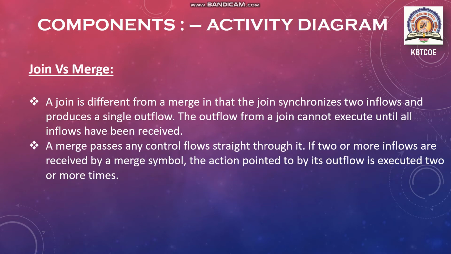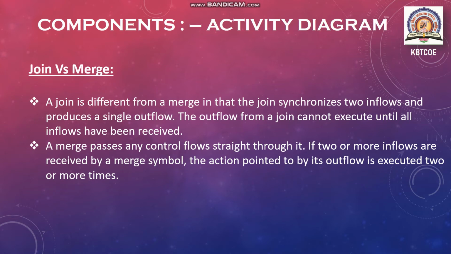A merge passes any control flows straight through it. If two or more inflows are received by a merge symbol, the action pointed to by its outflow is executed two or more times. In simple words, merge doesn't synchronize the inflows to it.